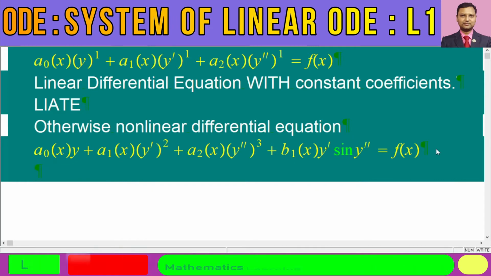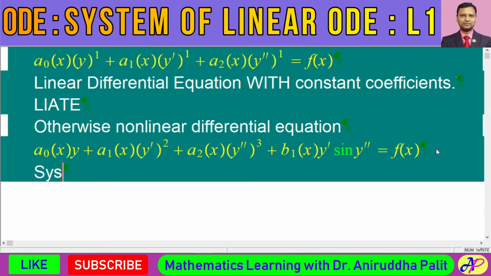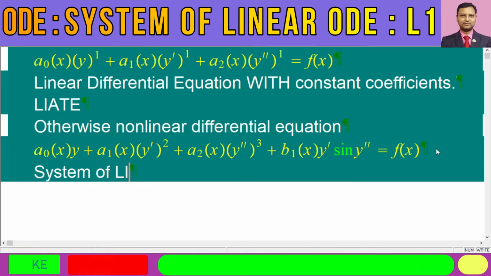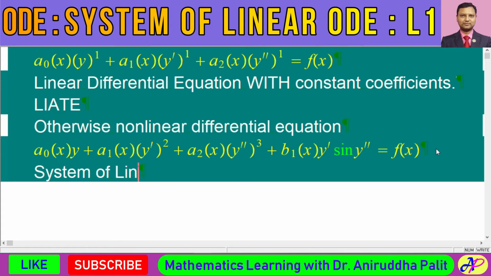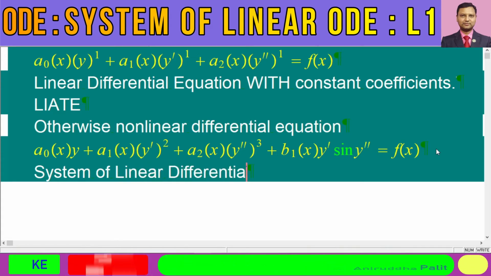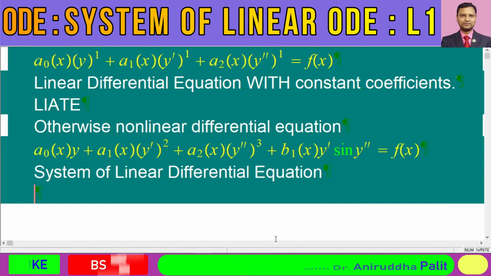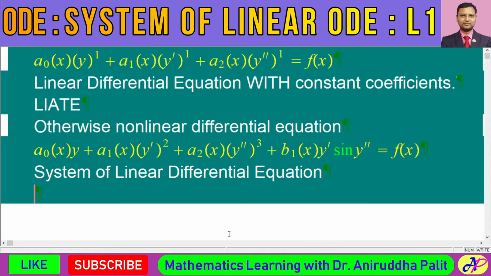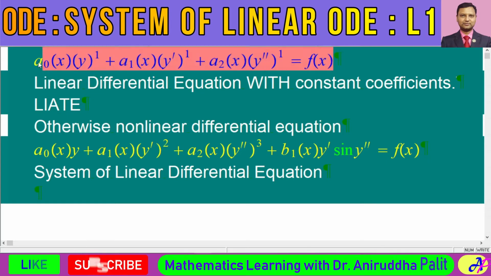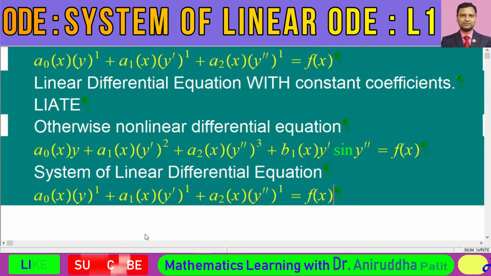What is this? System of linear differential equations. Over here, we consider more than one differential equation simultaneously.